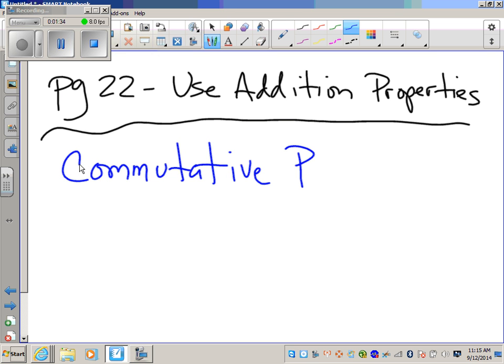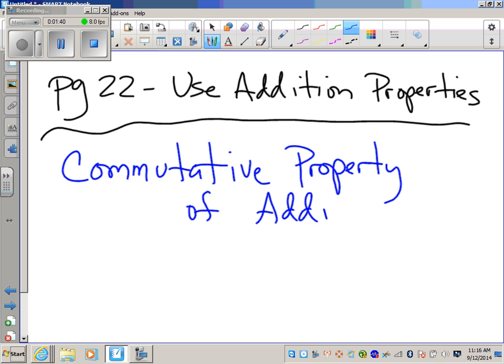First one is the commutative property of addition. And that's found right in that big box on page 22. Commutative property tells us that the order in which numbers are added does not affect their sum.